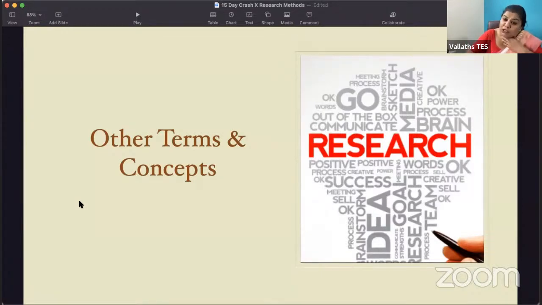What do you mean by cross-sectional study? So many terms like that we have identified. So what do you mean by correlation? Positive correlation. So if you take a look at these terms, it would be great. You will be able to get ready for the upcoming exam.